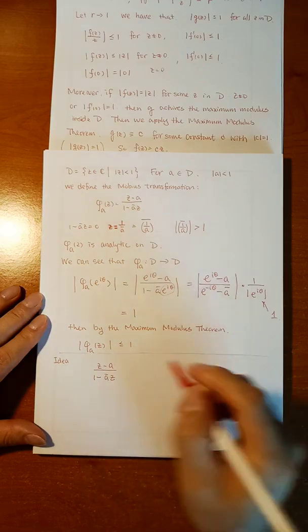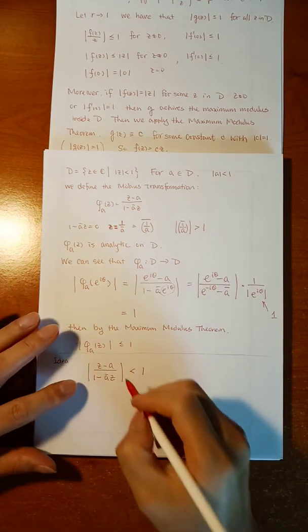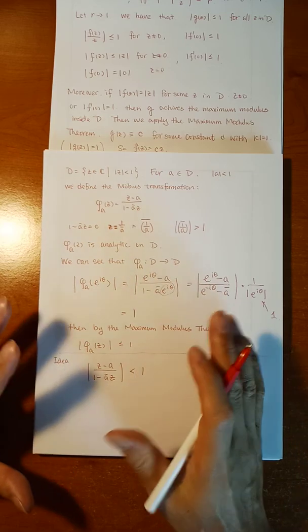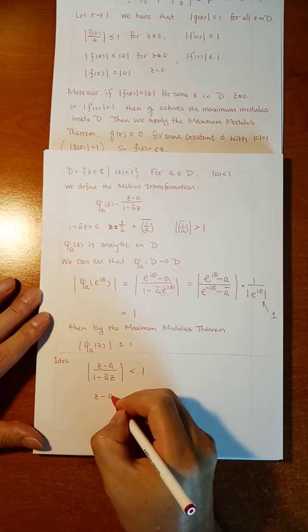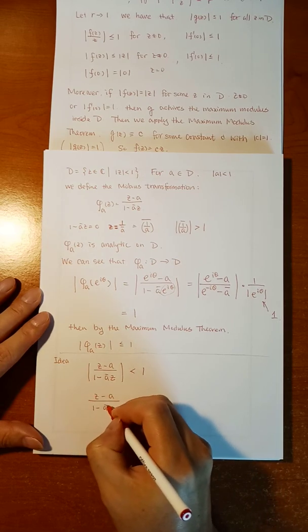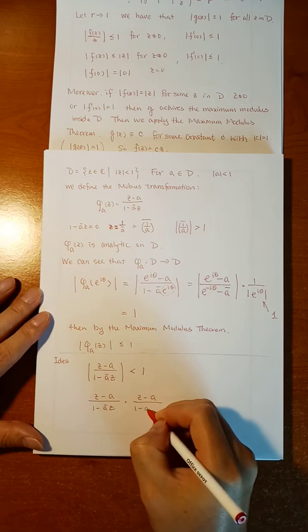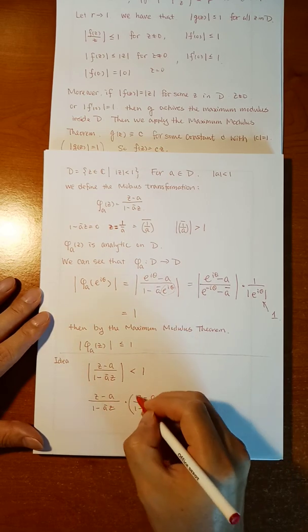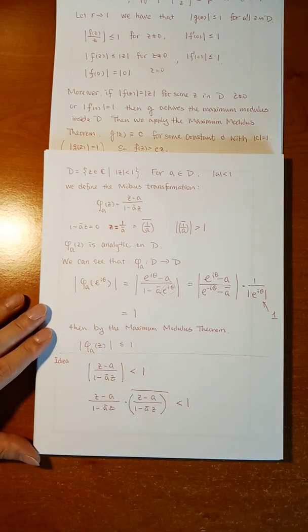We want to show this is less than 1. Absolute value is hard to compute, but if we square it, we square the left side, we square the right side, it's still 1.